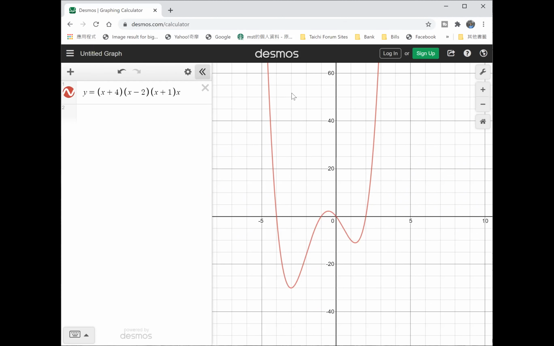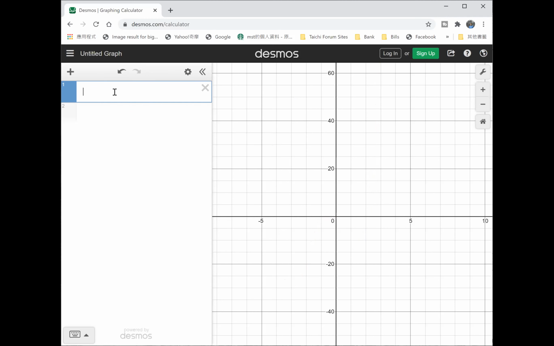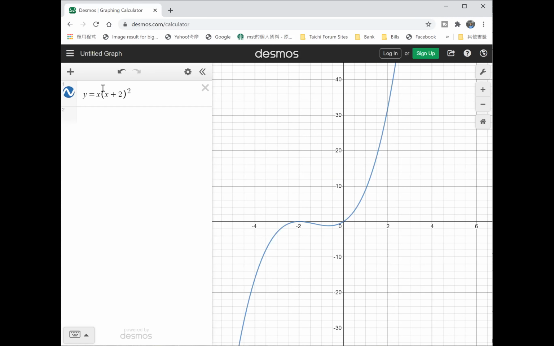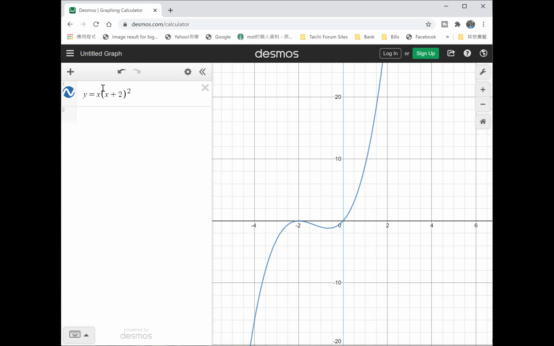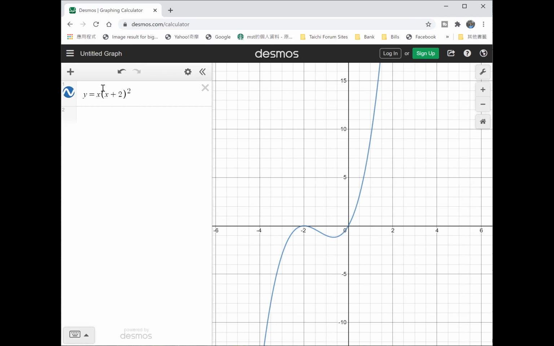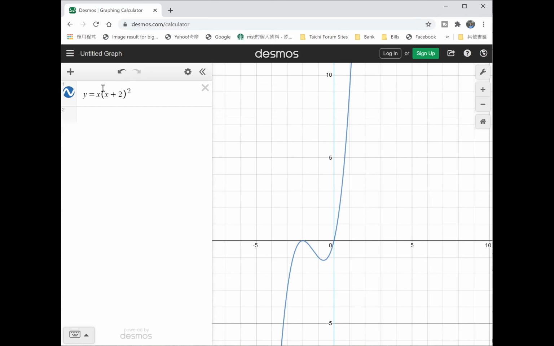And you can all see the decimals now, right? Okay. So y equals x plus 2 squared. You can see so far it has a bounce already at -2. Let me pull that out. There's a bounce.